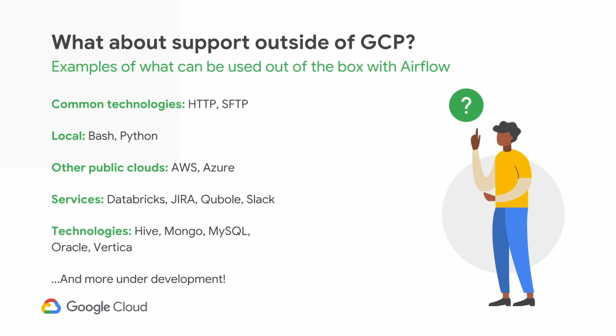So for example, I can run bash commands. I can call other public clouds. I can connect into Jira or even Slack, for example, to send notifications and interact with those tools. And there's so many more under development. So much support for non-Google things, fully usable within Airflow and thus Cloud Composer as well.